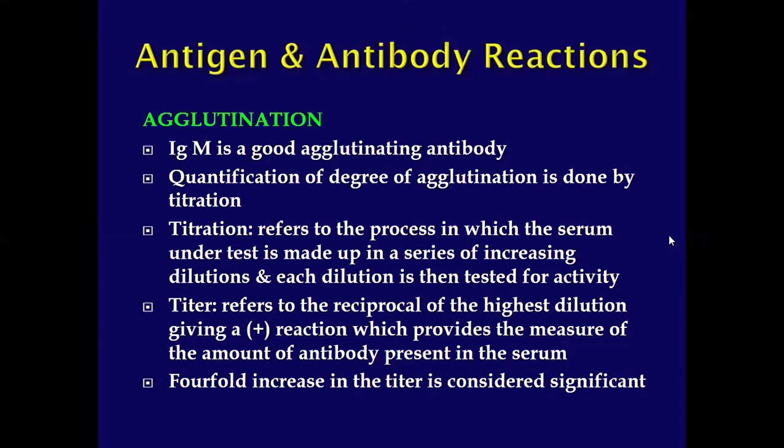Again, immunoglobulin M is a good agglutinating antibody. Quantification of the degree of agglutination is done through titration. Titration refers to the process in which the serum under test or in question is made up in a series of increasing dilutions, and each dilution is then tested for activity.